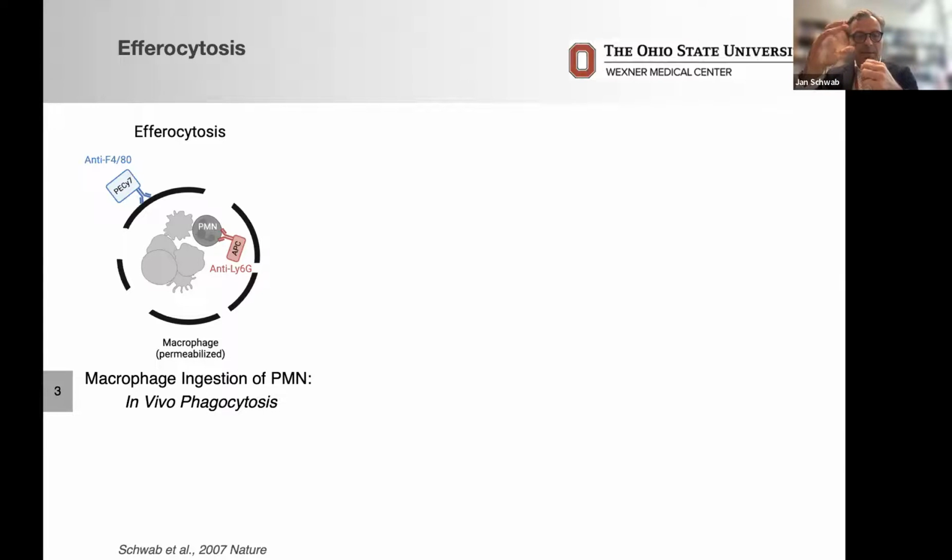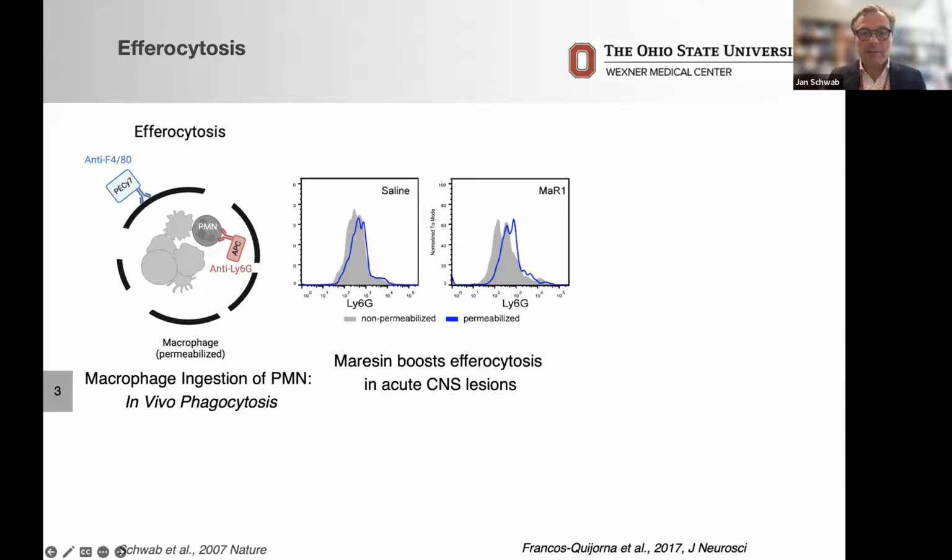Efferocytosis means basically that a macrophage is taking up another immune cell, most likely a granulocyte, and then packages this immune cell for removal from the lesion site. To assess that, one can use FACS analysis, permeabilize macrophages, and look for whether these macrophages have ingested granulocytes.